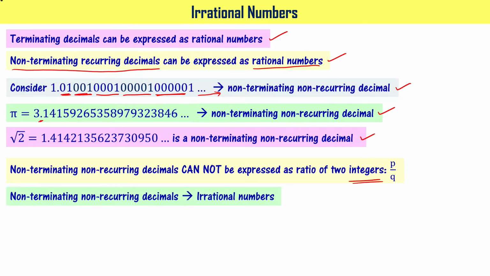That's why these numbers are called irrational numbers. The numbers that can be expressed as a ratio of two integers are called rational numbers, right? So the numbers which cannot be expressed as a ratio of two integers are called irrational numbers. So non-terminating and non-recurring decimals are irrational numbers.